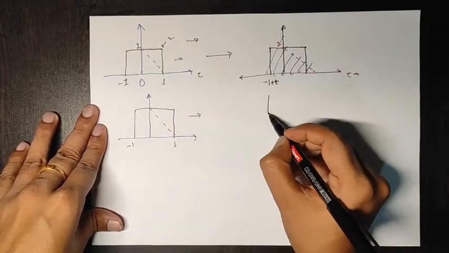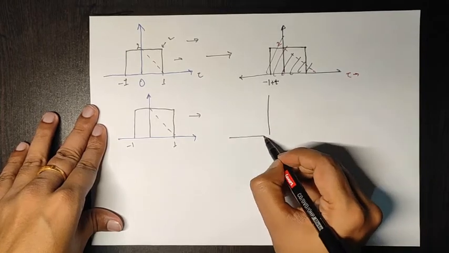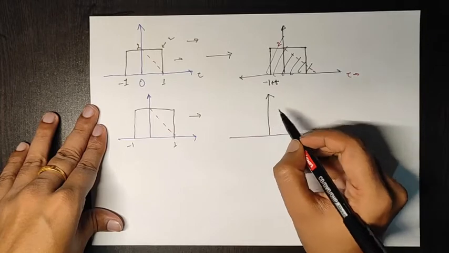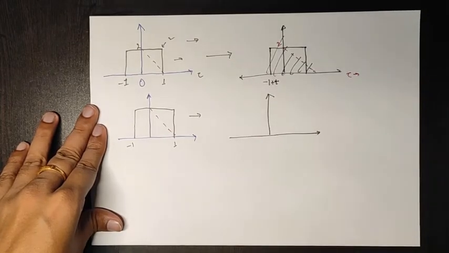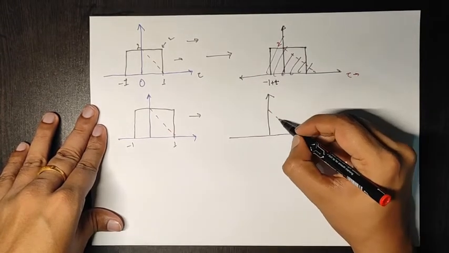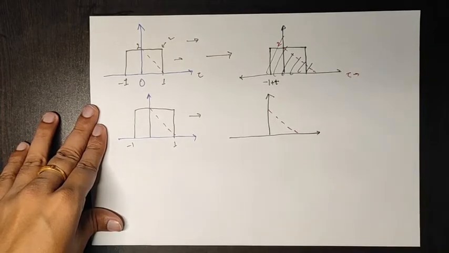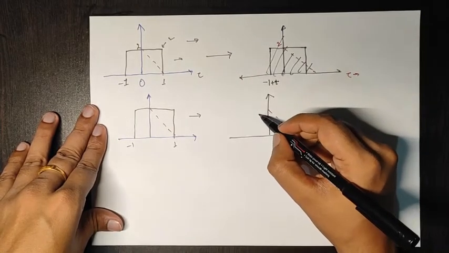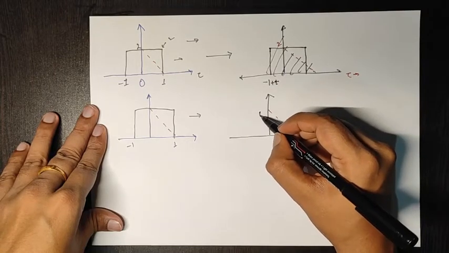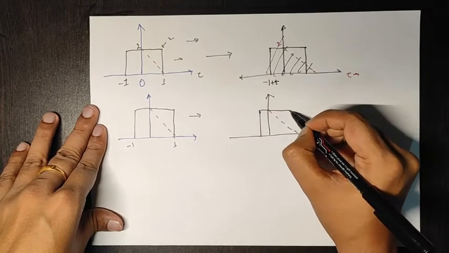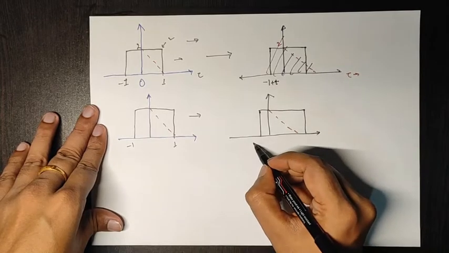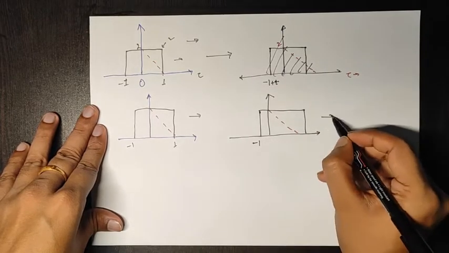So let's say this is minus 1 because we have shifted rightward.